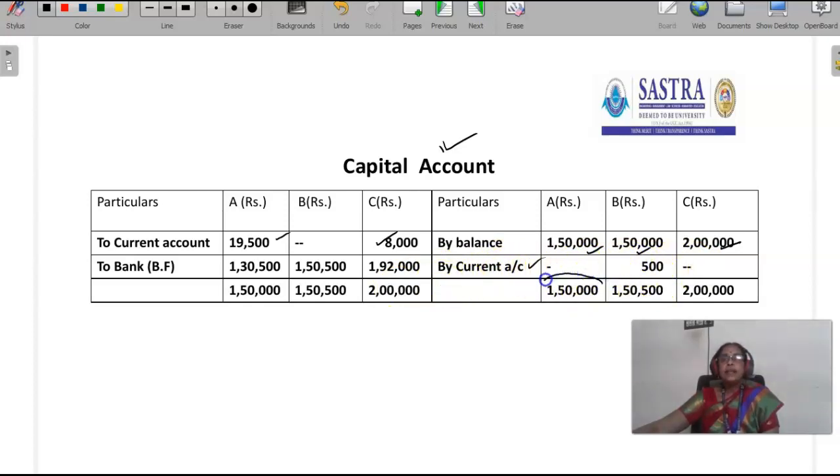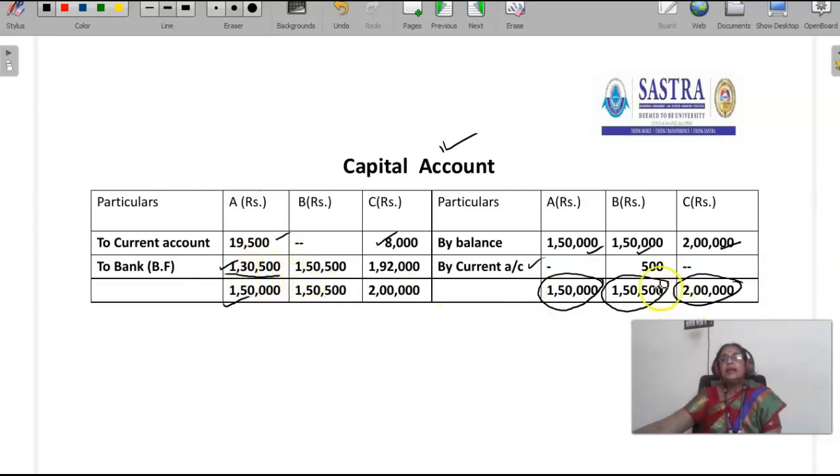So A's capital account total amount is 1,50,000. B's capital amount is 1,50,500. C's capital amount is 2 lakh rupees. A's capital account is 1,50,000, and the current account is debited 19,500. So the firm has to settle A to the extent of 1,30,500 rupees.